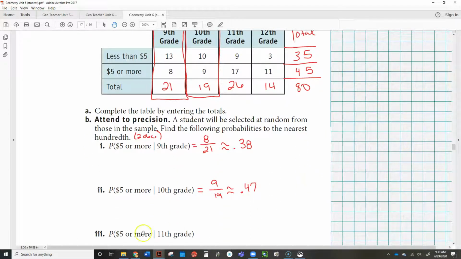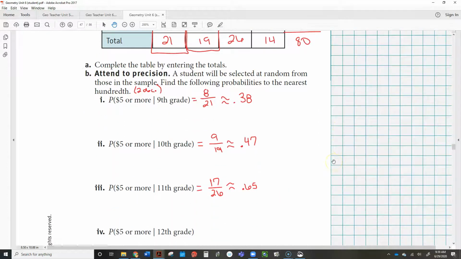And $5 or more, given that it's an 11th grader. Okay, so the total number of 11th graders was 26, and the number of students that had $5 or more out of the 11th grade was 17, and 17 divided by 26, rounded to 2 decimal places, is 0.65.